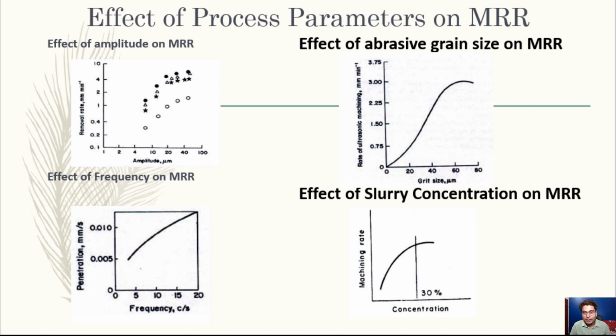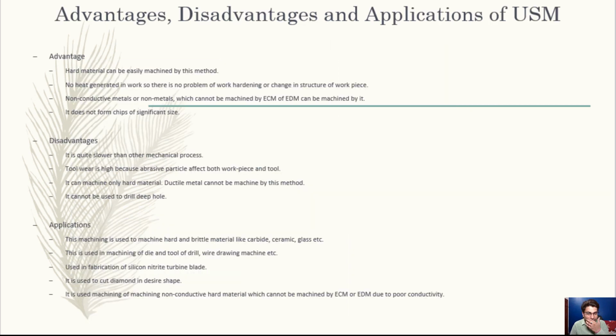Now coming on to the advantages, disadvantages and applications of USM. Hard material can be easily machined by this process. No heat generation on the work, so there is no problem of work hardening or change in surface structure of the workpiece.